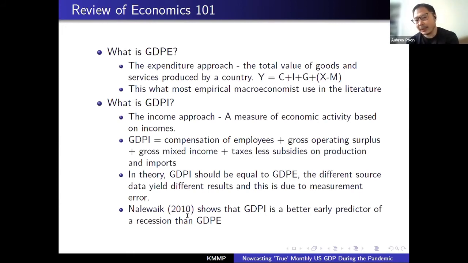So our main motivation is that you need a true GDP measure to capture the dynamics of both GDP measures, because if you use just one, you miss out on the dynamics of the other. That's the main motivation for why a true GDP measure is important.